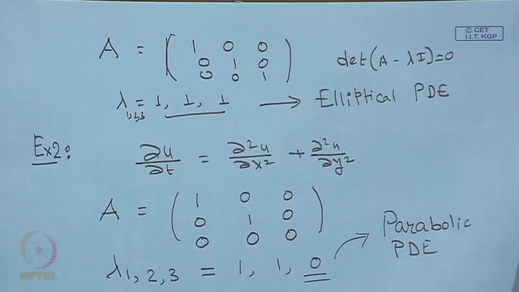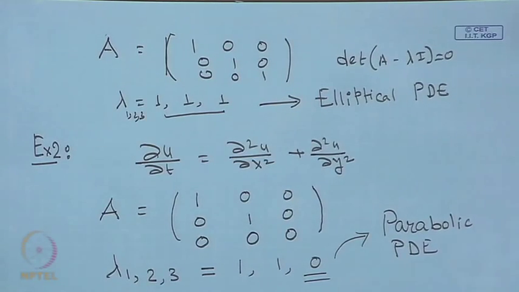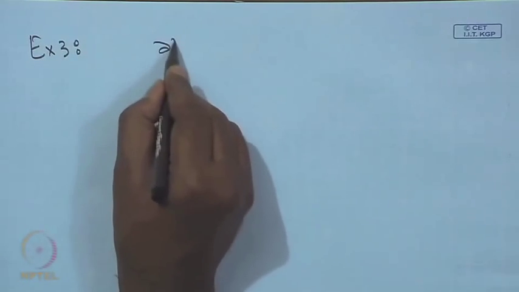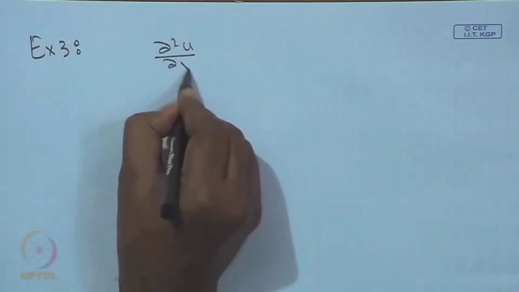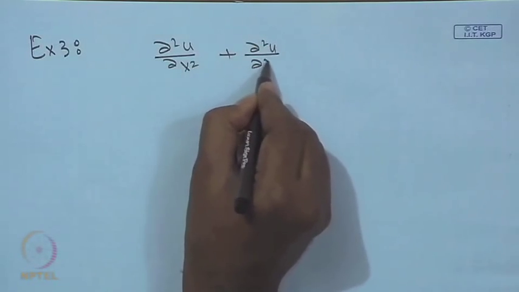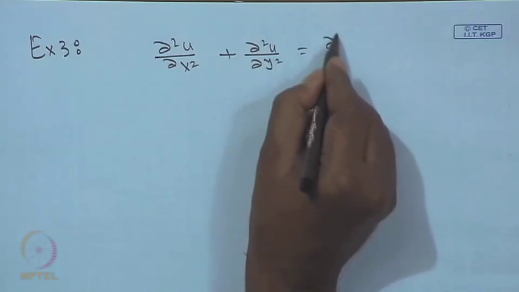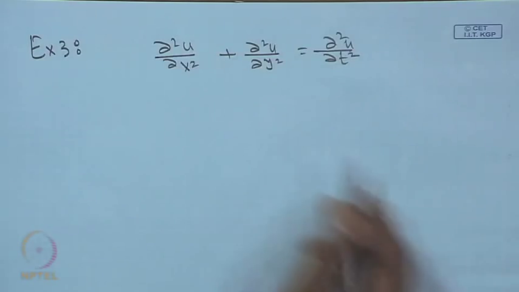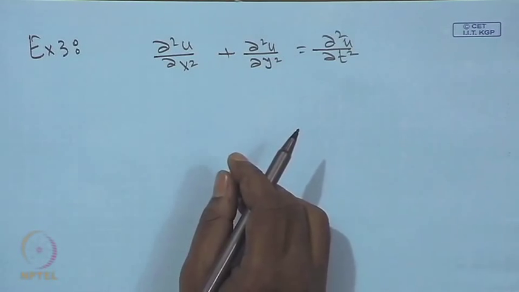So, we go to the next example, that is a hyperbolic one. That is example 3: del square u del x square plus del square u del y square is equal to del square u del t square. So, suppose we are talking about this equation.